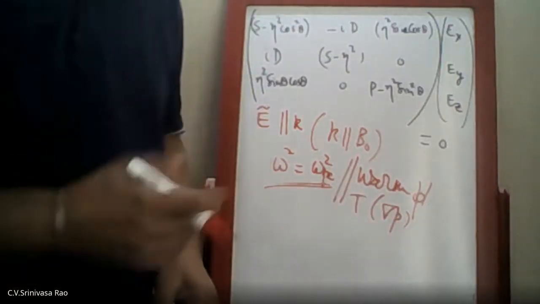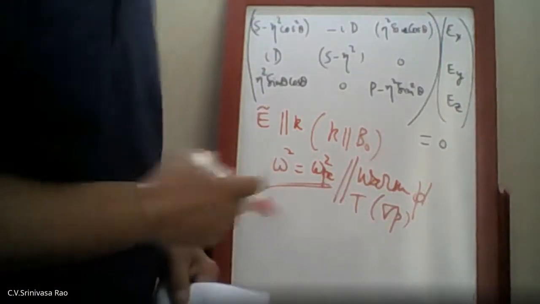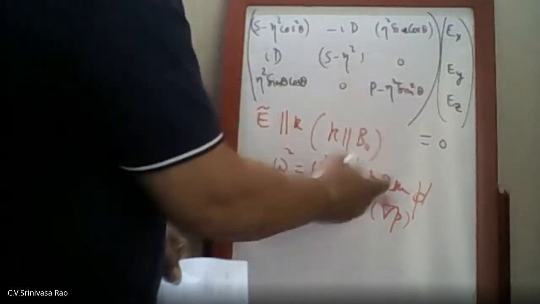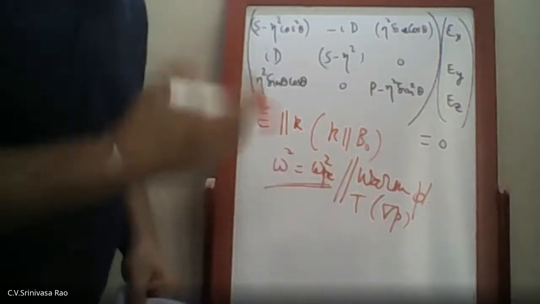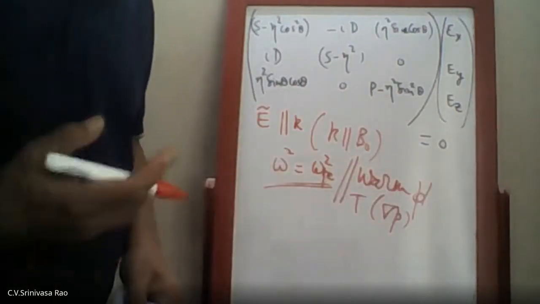We had neglected gradient of pressure. If you put it, then you'll see that these oscillations will start transporting energy into the plasma, which means there's a wave propagation.